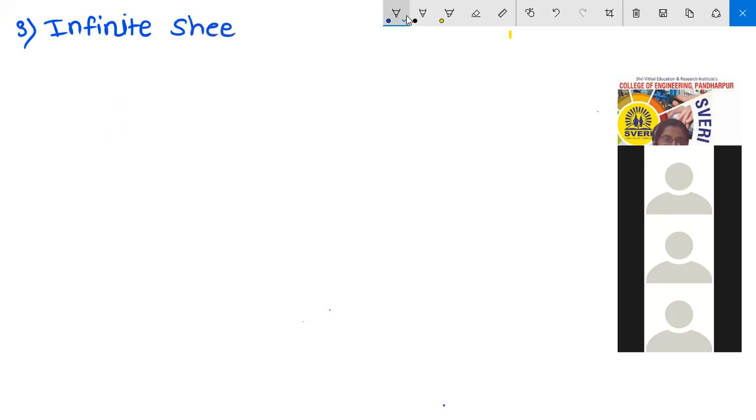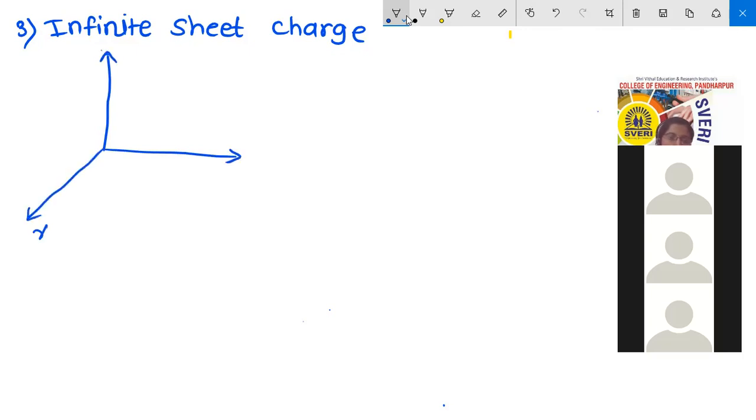Here we are considering again a Cartesian coordinate system, the x, y, and z coordinates. Now consider an infinite sheet which is placed in the x and y plane.